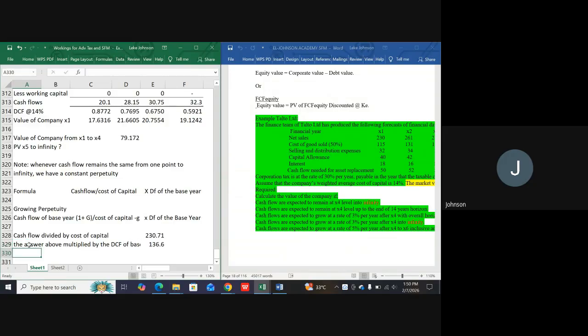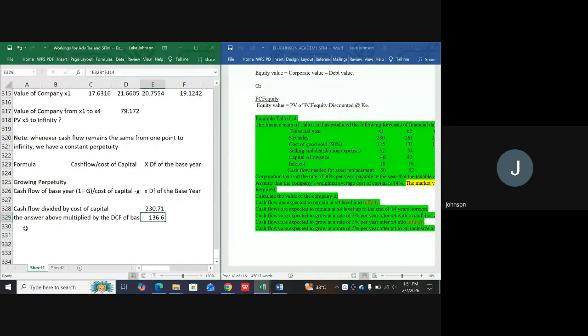So that's how we're able to get this answer. Here we have been able to use our constant perpetuity to get the value of the business from year 5 to infinity. Now, to get the total value of the business, we need to add our year 1 to 4 to our year 5 to infinity.